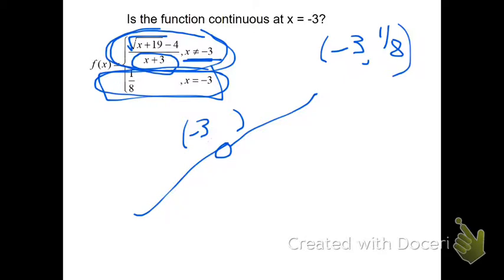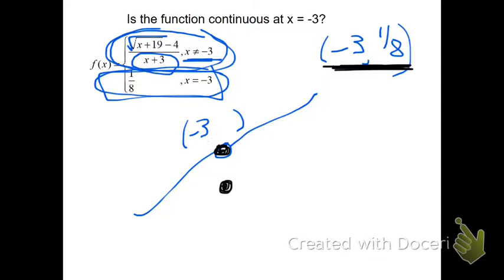So what we have in question is that stray point. Is it a point that's down here, in which case the function is not continuous because there's still a hole in the graph? Or is this stray point right here where it fills in the hole in the graph? So that's what we need to figure out.